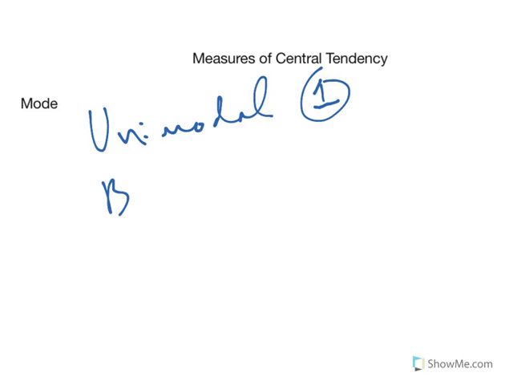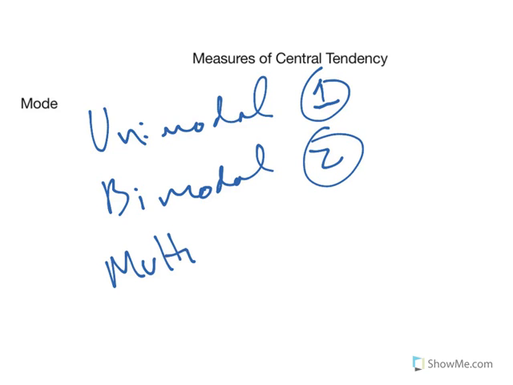But we tend to call these things either unimodal, obviously one mode, bimodal means 2, or we sometimes just call them multimodal, which just means there's a bunch of them. And there can be a whole slew of them.